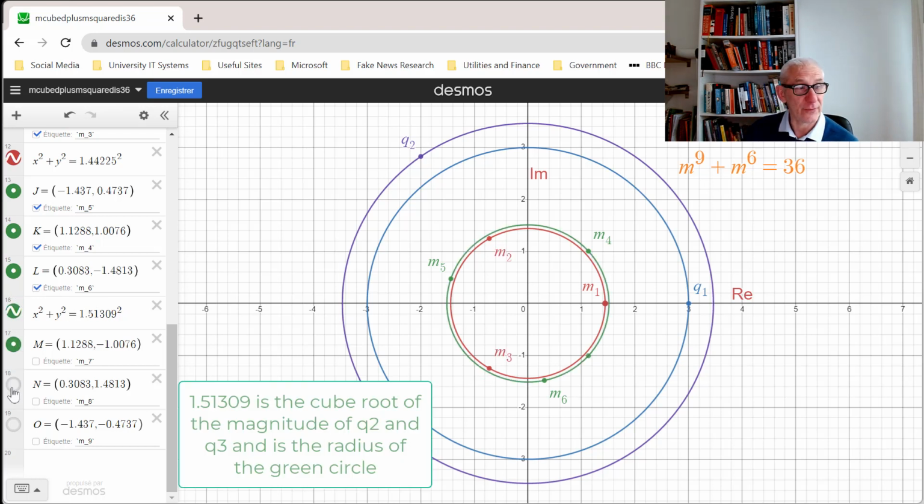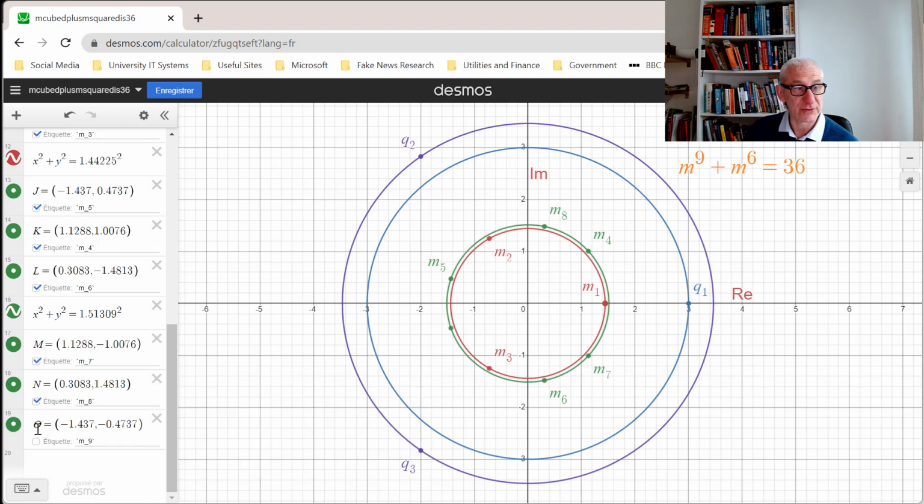We have on that same circle the roots of Q3 here, those remaining roots. So there you are. In each of these cases, the real part is the x coordinate and the imaginary part is the y coordinate. You can imagine the letter i in there. And there you can see it. Those are the 9 roots of this particular equation.